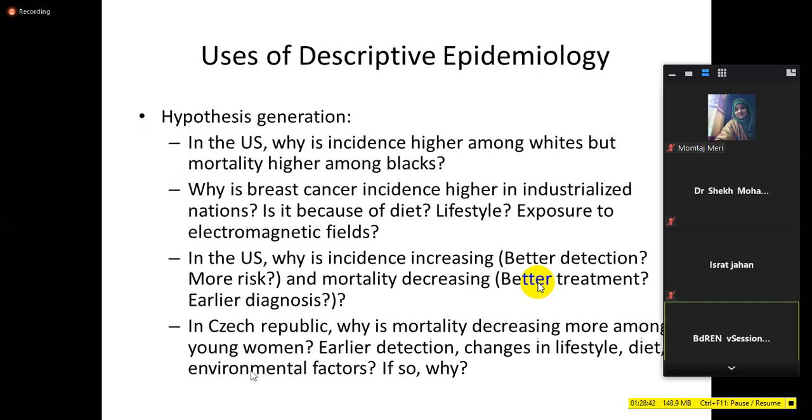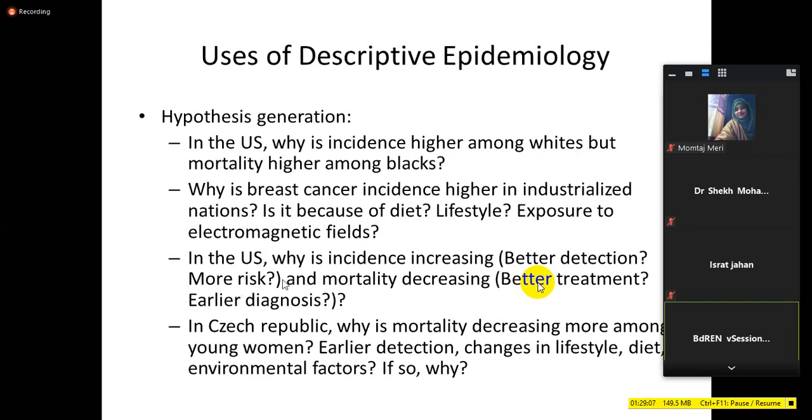The questions you see here are your assignment. In the next class I will ask: in the USA, why is the incidence higher among whites but mortality higher among blacks? That is already explained today, right? Why is breast cancer incidence higher in industrialized nations? Is it because of diet, lifestyle, exposure to electromagnetic fields? So you have to write your answer.